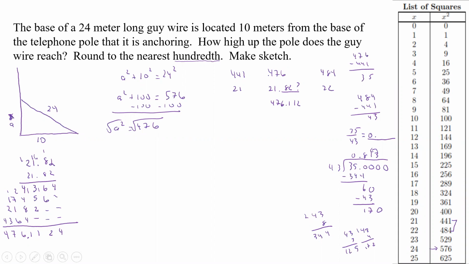So now we have to actually go one below. So 21.81 times 21.81. So 1, 8, 1, 2. Then we have 8, 64. That's going to be 14, 15, 6, 14. And so that's going to be 16, 17. And then we're here now.